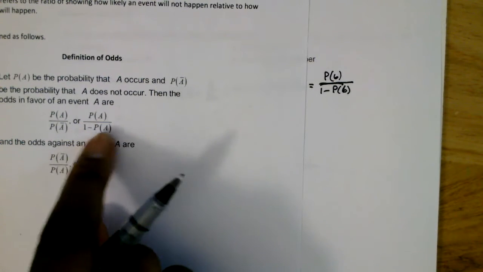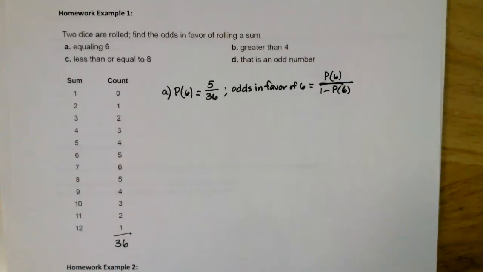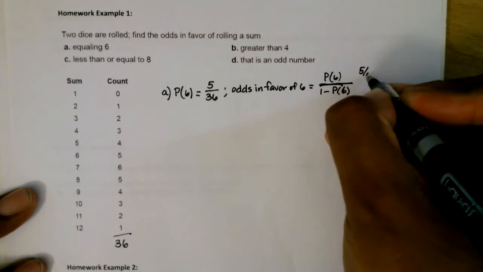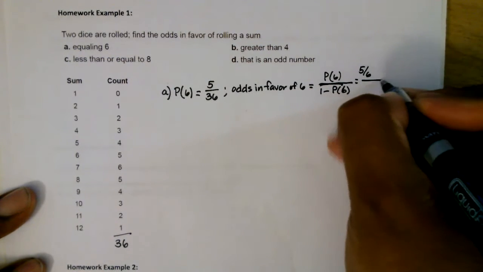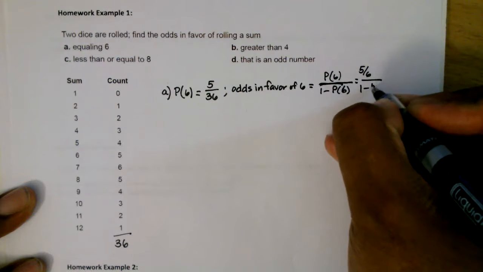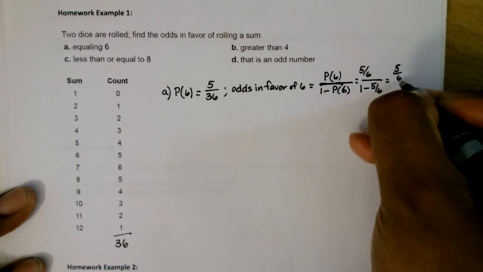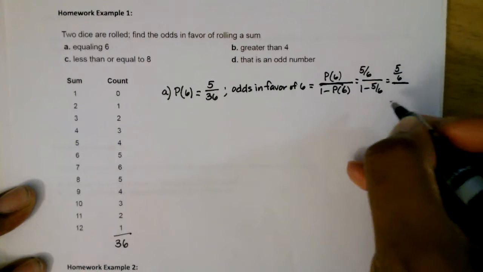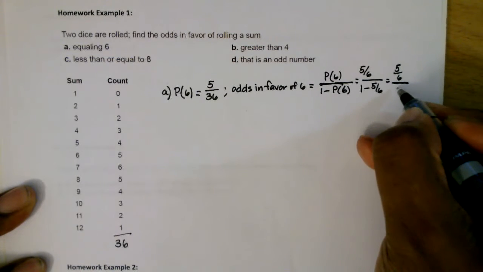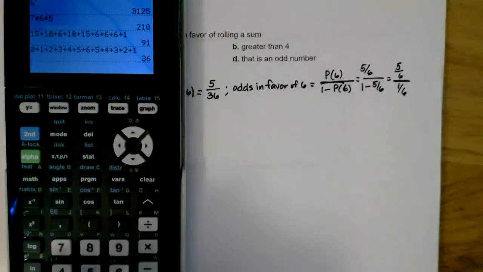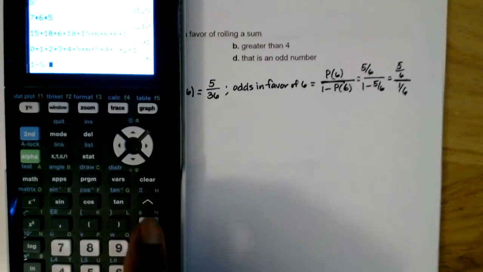The probability of a 6 would be 5/36 divided by 1 minus 5/36. If you use your calculator, you'll get 31/36. And I'll go ahead and show you 1 minus 5 divided by 36.